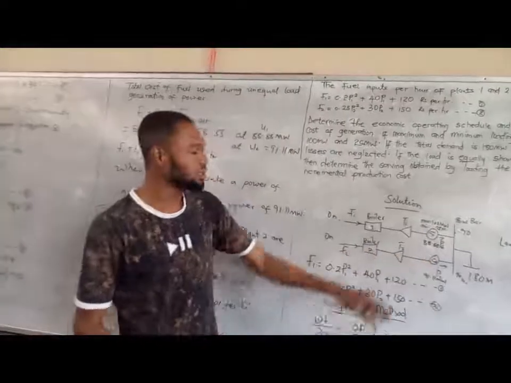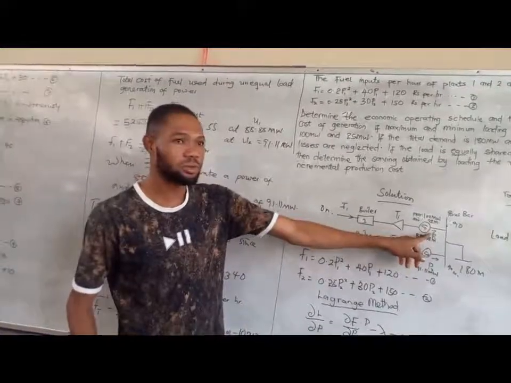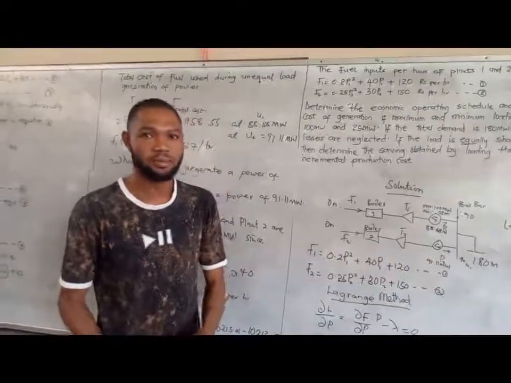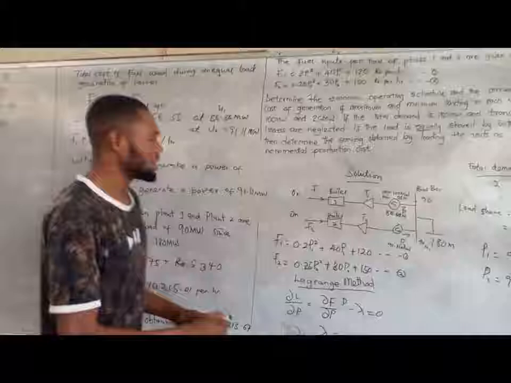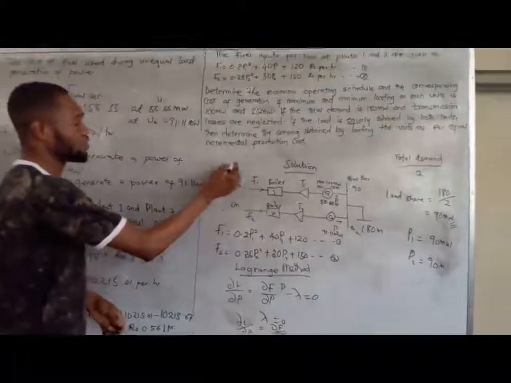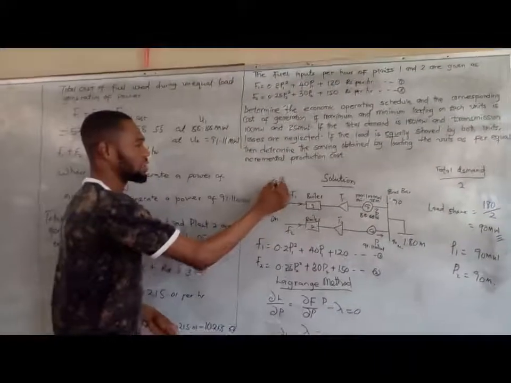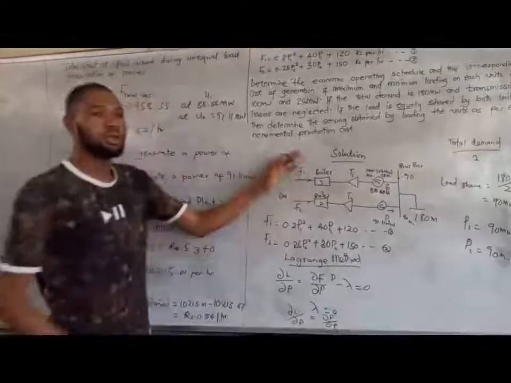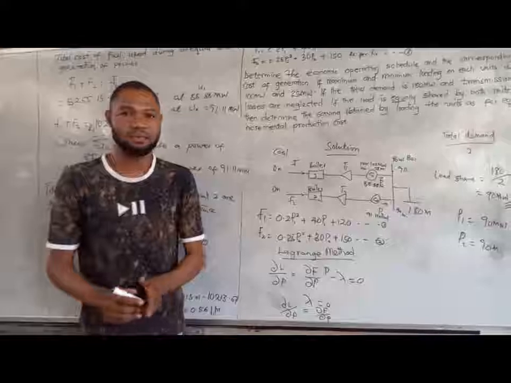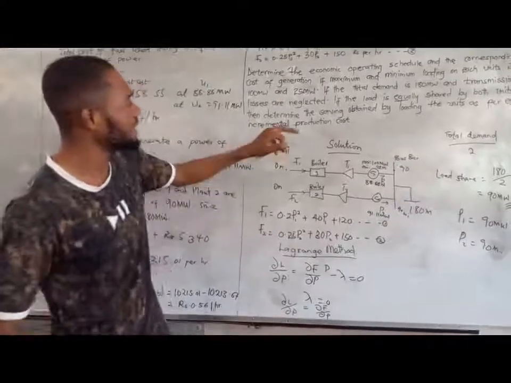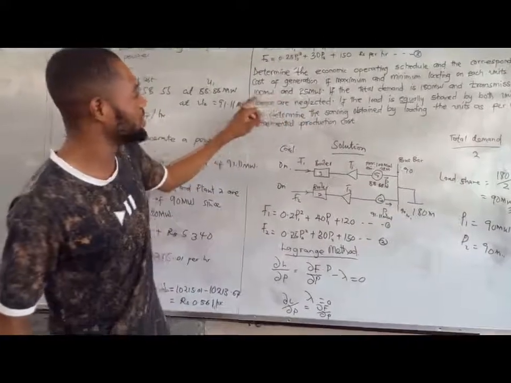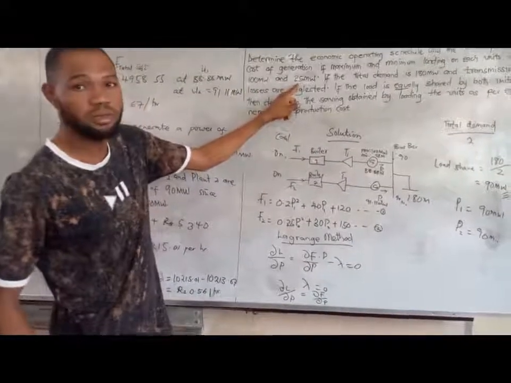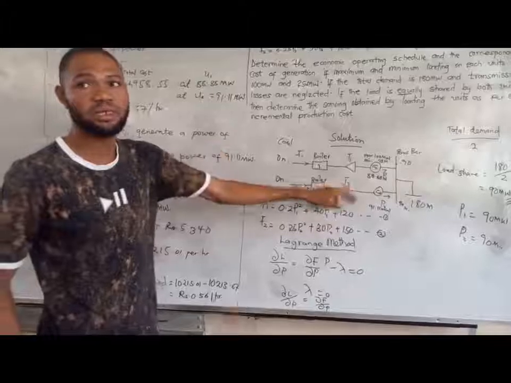But if the load is equally shared, the cost of fuel here and the cost of fuel here will be the same. The difference will not be there, because if they are all using the same fuel, let's say oil or coal, the cost of fuel will be the same. Because the question is saying that the rating of the output is maximum 100 megawatts and minimum should be 20 megawatts for the rating.